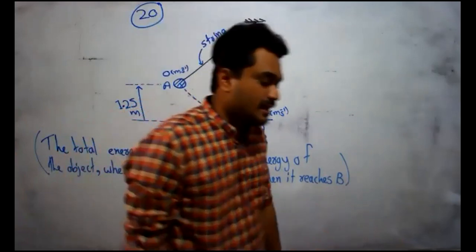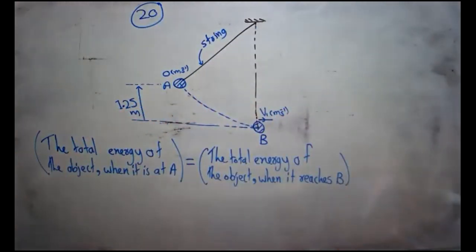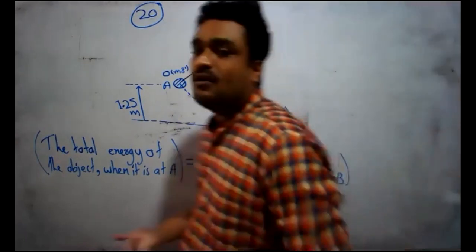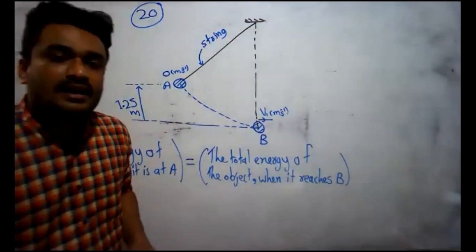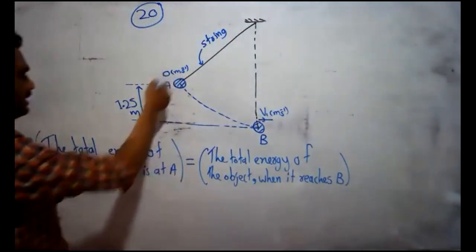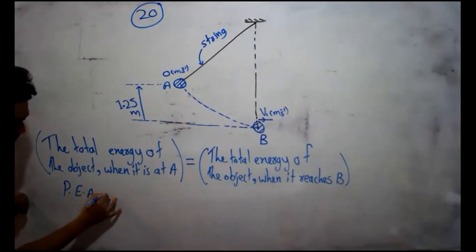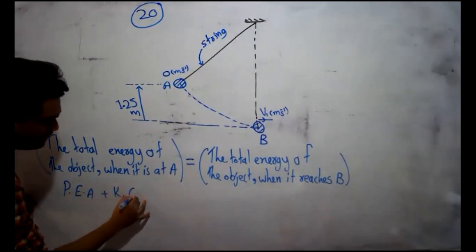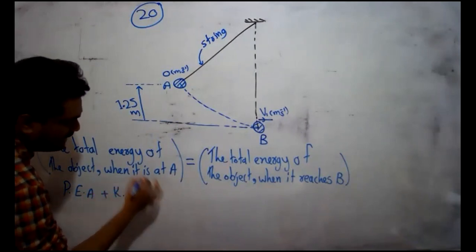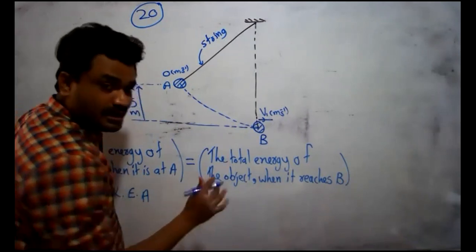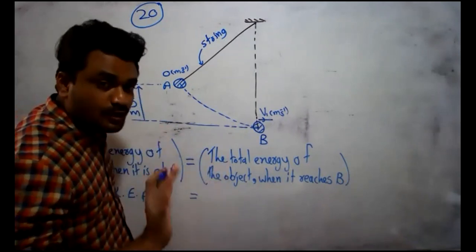The total energy of a solid object is the summation of potential energy and kinetic energy. So total energy of the object at A means potential energy of the object at A plus kinetic energy of the object at A. Please don't write, I'll give you the time to write. Listen to me.